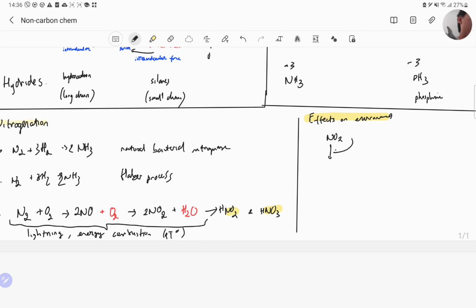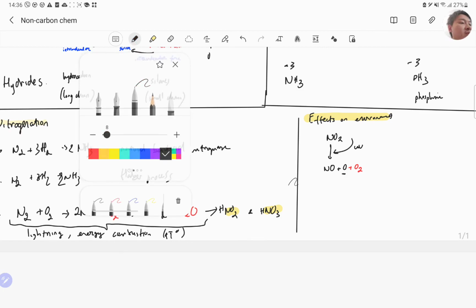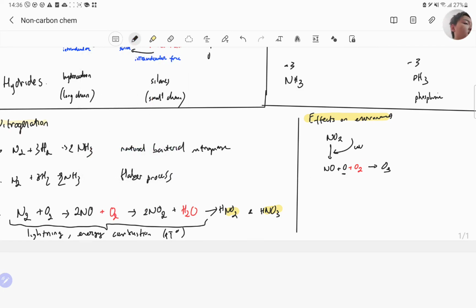So the effect on the environment is nitrogen dioxide and UV light. That's going to hit, and it's going to form NO plus O. And then O plus oxygen will form ozone, and this has effects.